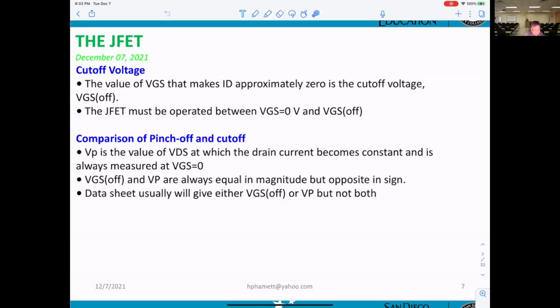That is the value of VGS that makes ID approximately 0. Then you get the voltage they call VGS off. The JFET must operate between VGS equal to 0 and VGS off.